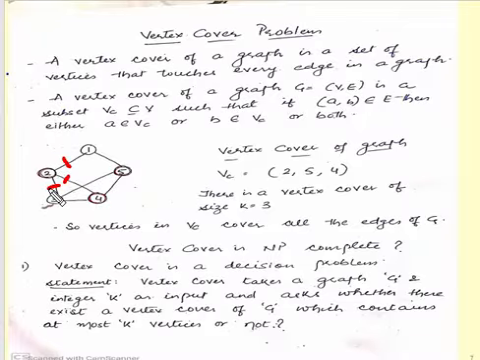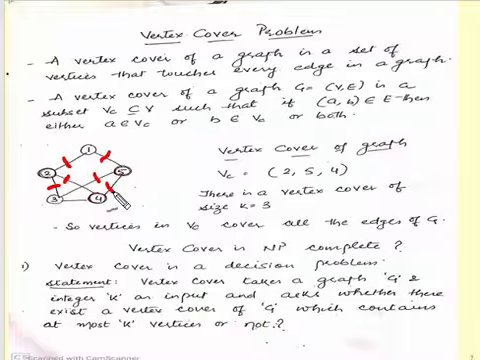So node 2 covers these 3 edges. Next, take node number 5. Now again cut all the edges touching node 5. Which edges are there? 5-1, 5-3 and 5-4.